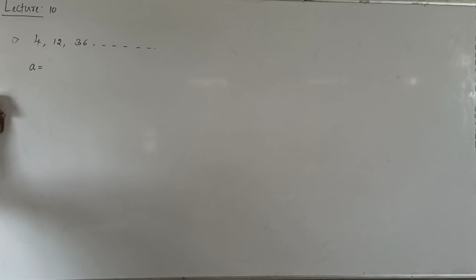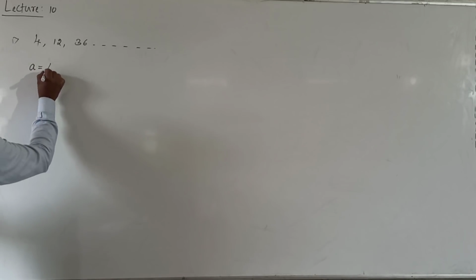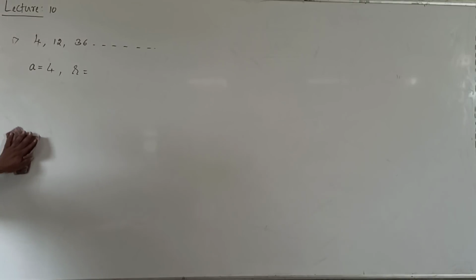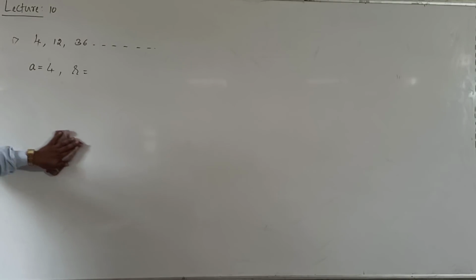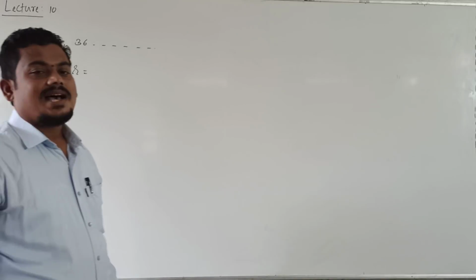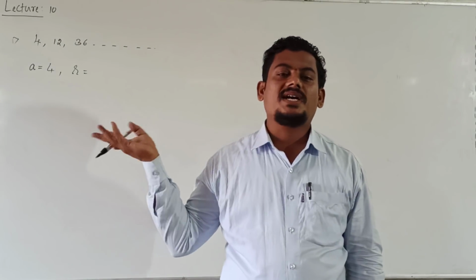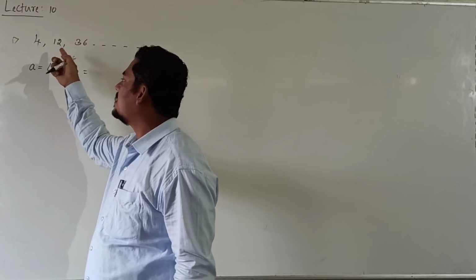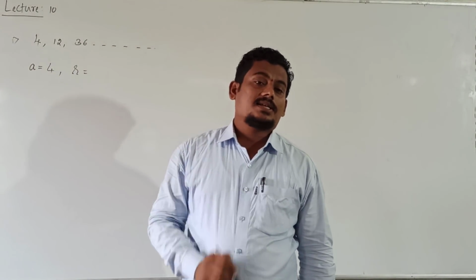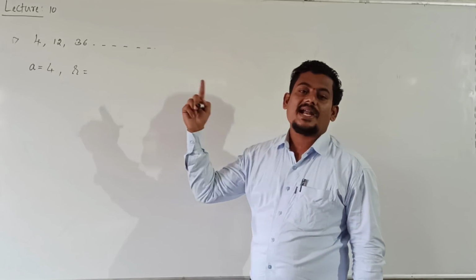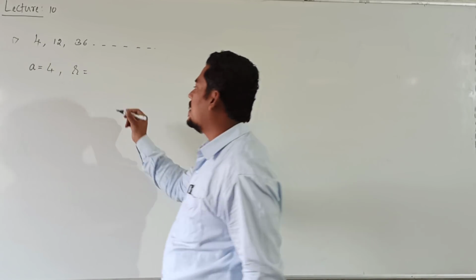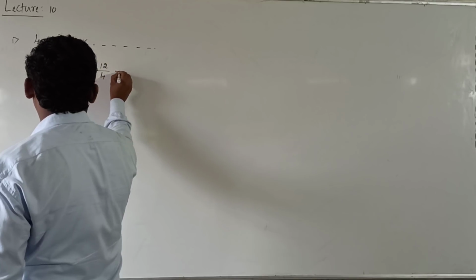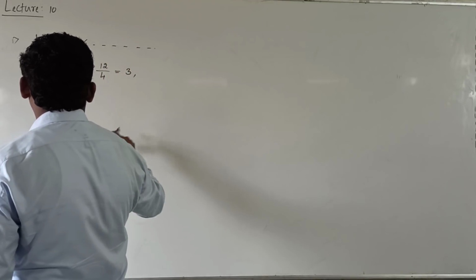What is the first term? It is small a, 4, and define the common ratio small r. Small r is obtained by taking the ratio of a term and its previous term. You can take 12 divided by 4, or 36 divided by 12. Common ratio is 12 divided by 4 equal to 3.